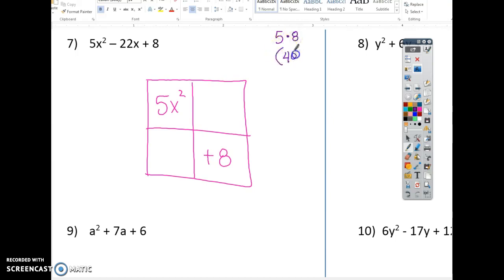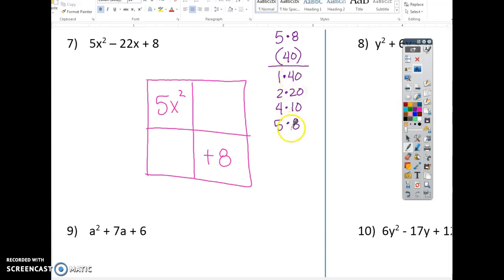That's 40. So I need factors of 40. Remember, you can divide too. So 1 times 40, 2 times 20, 4 times 10, 5 times 8.